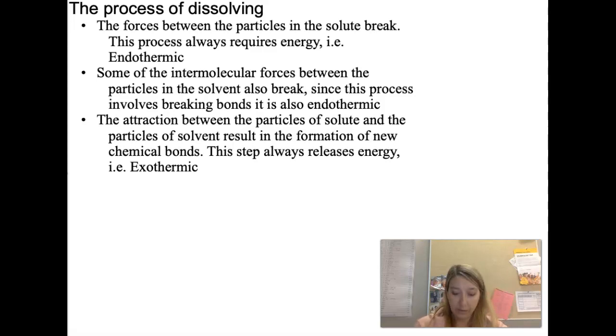So, dissolving. When we talk about dissolving, there is a process that happens. So, if I want to dissolve something, I have a solute and I have a solvent. There are bonds or attractive forces holding my solute together, right? If I have like salt crystals, something is holding them together, otherwise they would all fall apart. I have my water. Something is also holding that together, right?